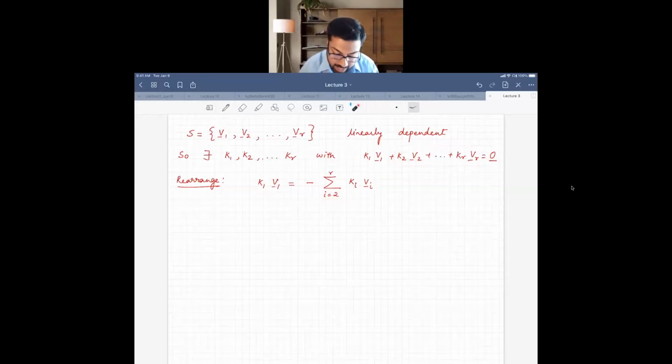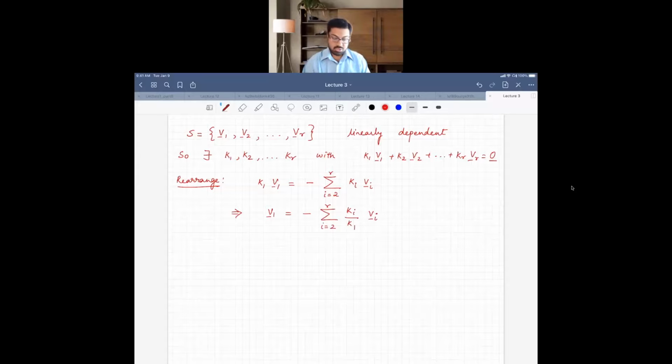So now I needed v1, right? So what would be v1? This implies that v1 would be negative summation i equals 2 to r of k sub i divided by k sub 1 times v sub i, right?